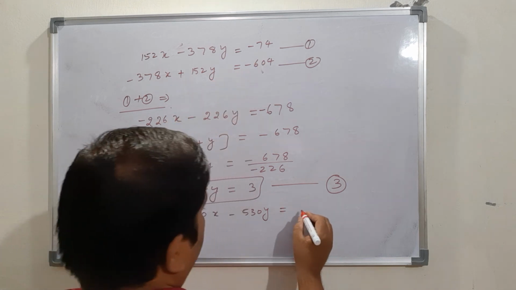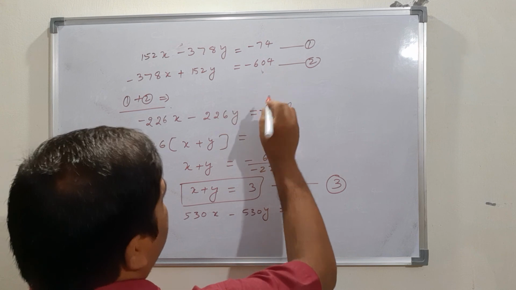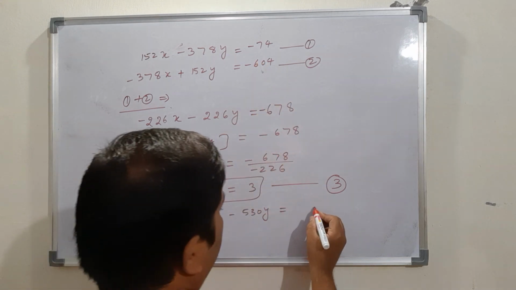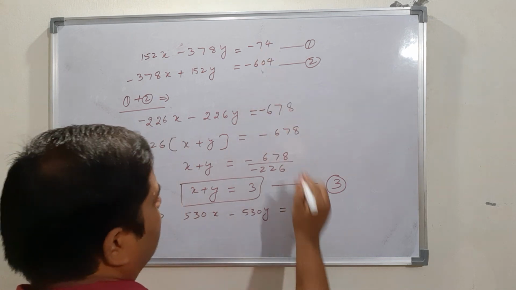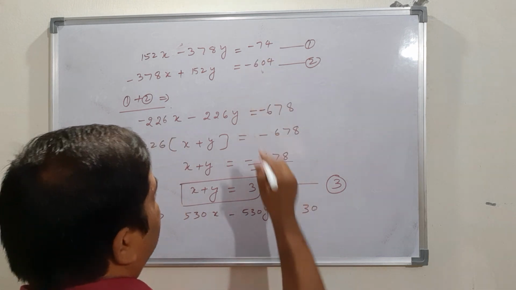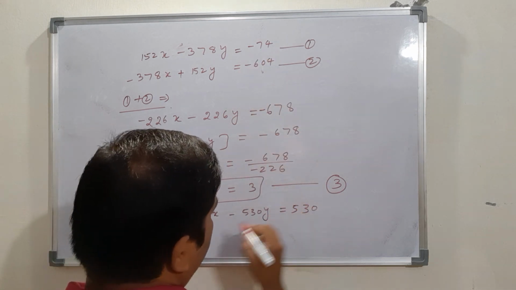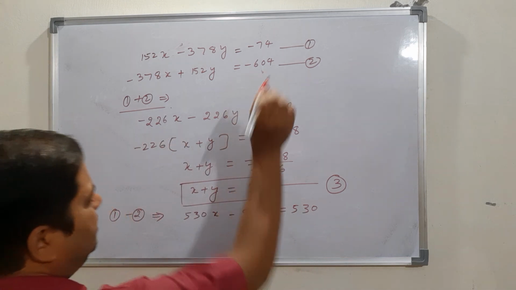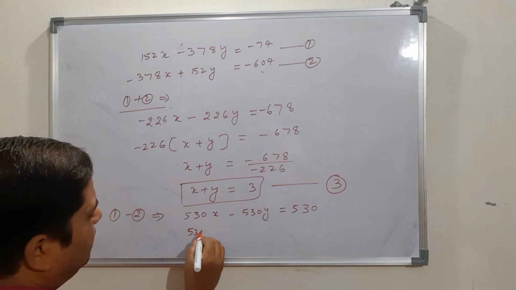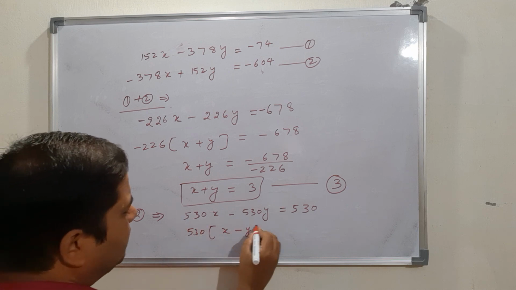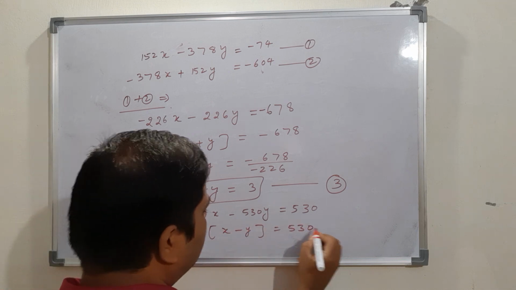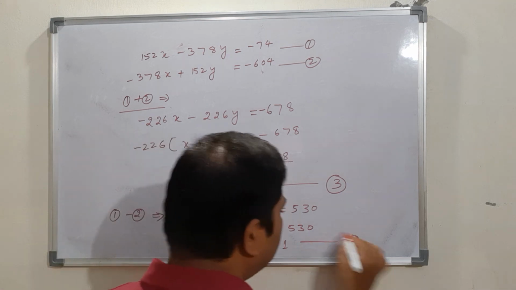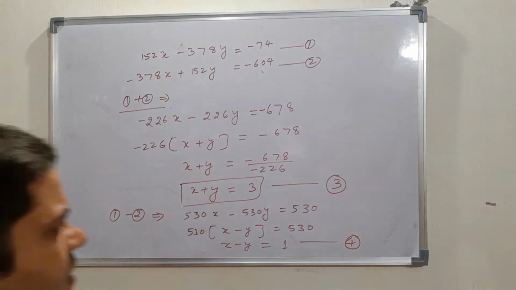If you subtract it, because the sign is changed, as you subtract here, so this is positive because the sign is changed. So 530 is common, x minus y is equal to 530. So x minus y is nothing but 1. This is equation number 4. So see how easy it is.